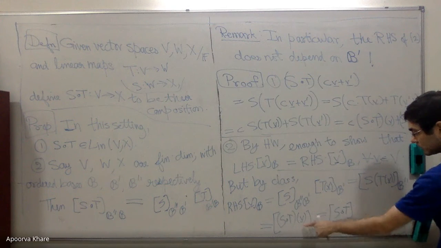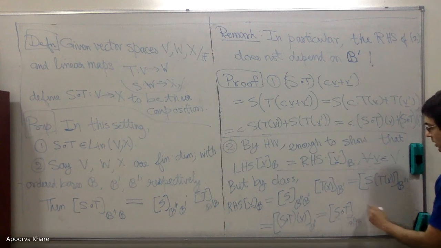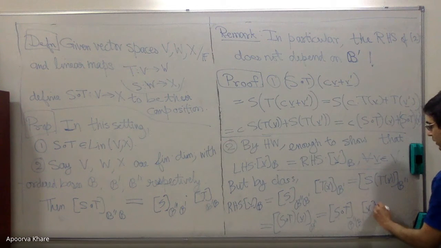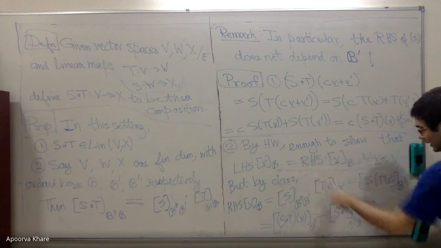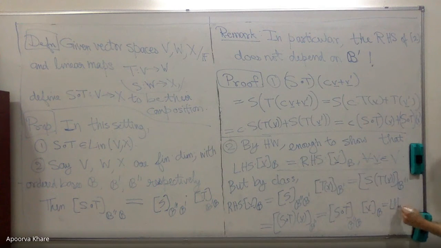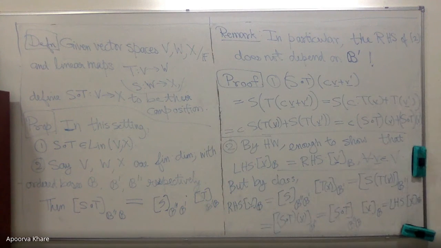And now the matrix is with respect to B double prime and B, because this is S composed T times the vector in B. But that is exactly the left hand side, so you get left hand side times the V. And that is exactly what we wanted to prove. We want to prove left hand side times V is equal to right hand side times V. We have done that, and therefore the theorem is true. Okay, great.